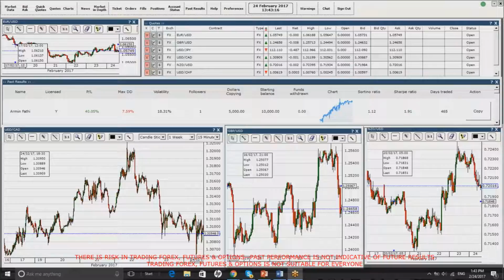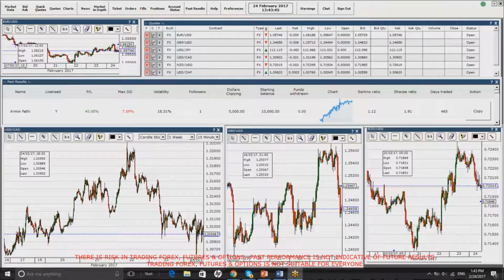Okay, here, this is the ID Trader. You're seeing a screen that's showing you a few charts, and it's showing you a quotes window with the most favorite currency pairs that I like to observe. As I said earlier, this is a webinar that's going to focus on showing you the copy trade function of the ID Trader.